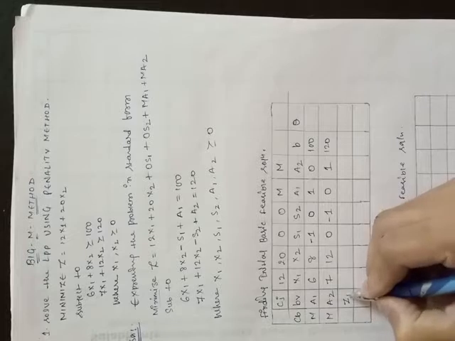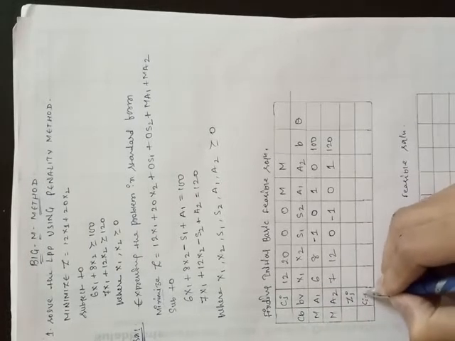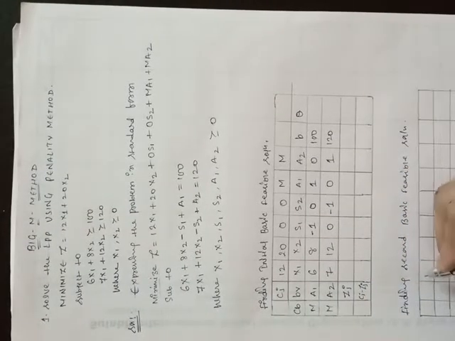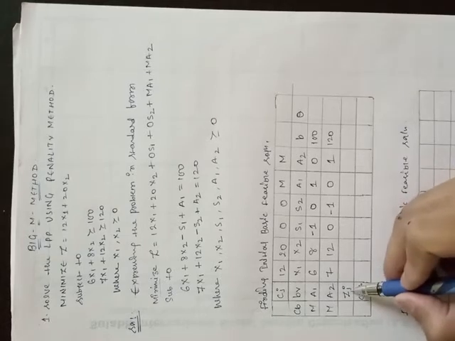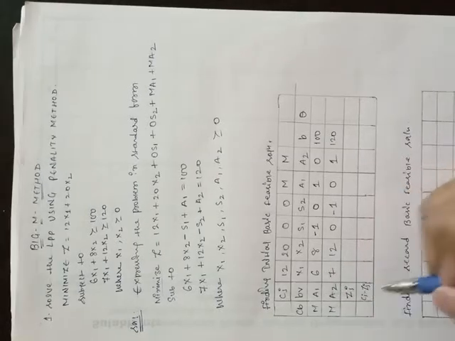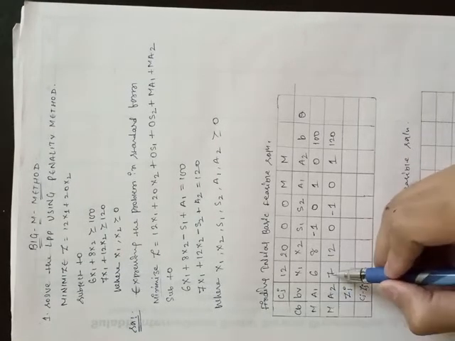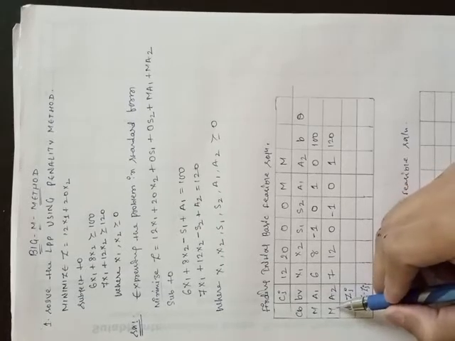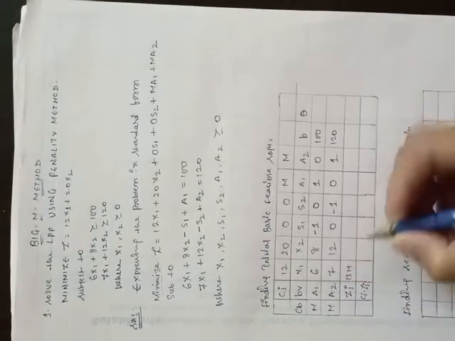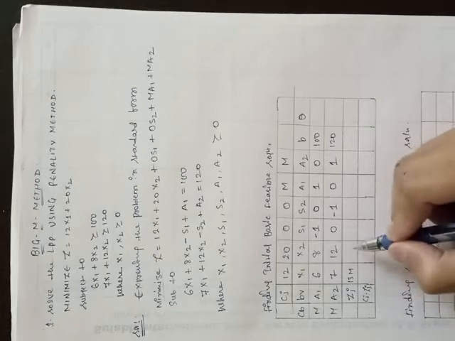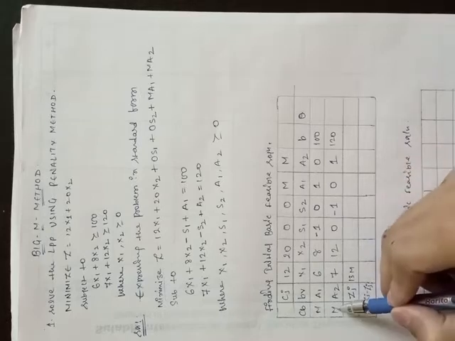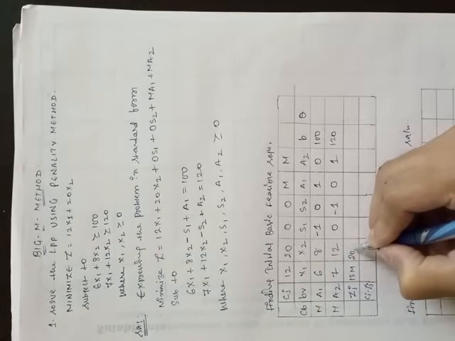Now this is zj, and this is cj minus zj. For the x1 column, zj is 6 into M plus 7 into M, that is 13M. For the x2 column, zj is 8 into M plus 12 into M, that is 20M.